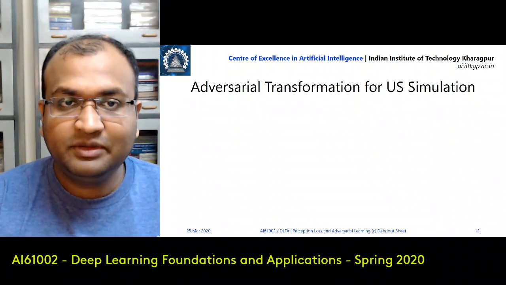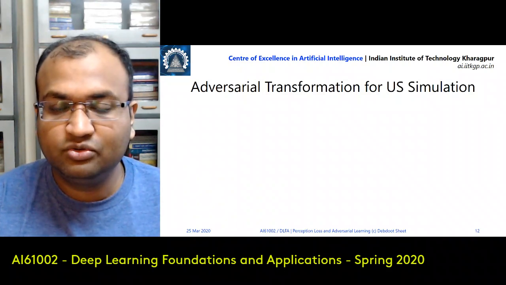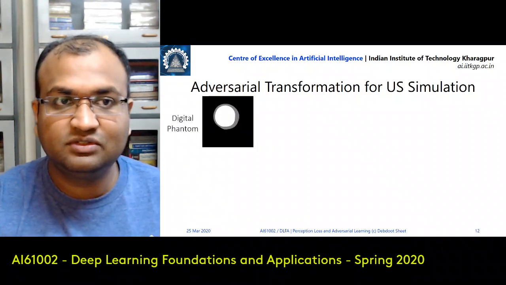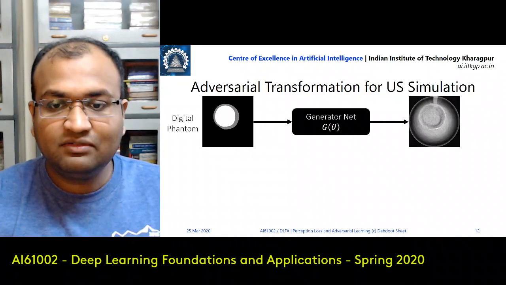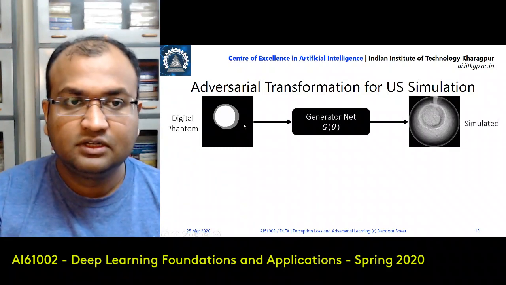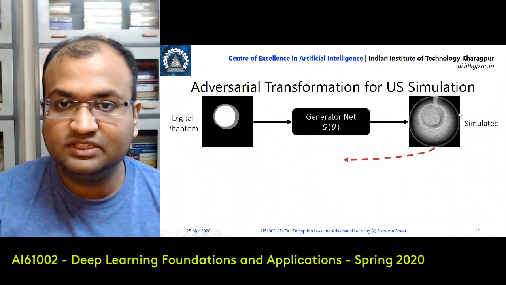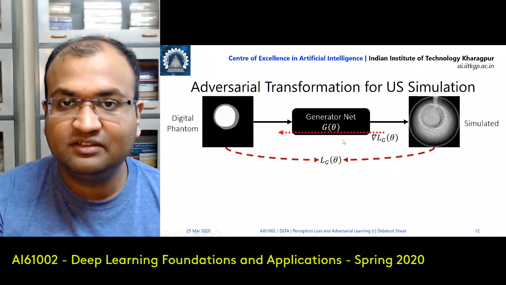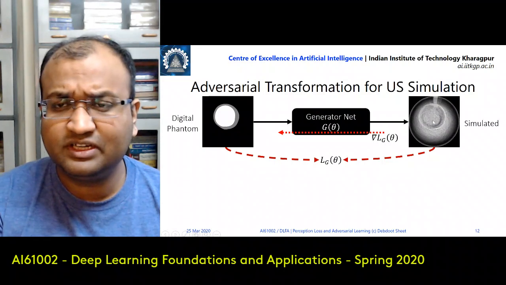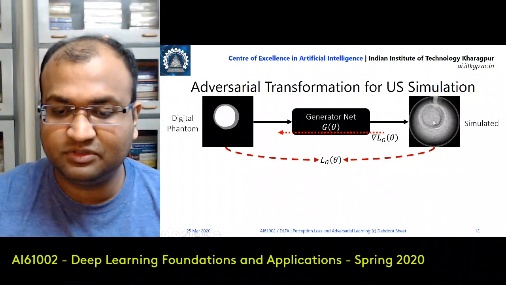But coming to this, what we wanted to do for this adversarial transformation was something like this: you have this phantom, you generate some sort of a model through the generator, and now you try to minimize the mean square error loss, so that there is minimum geometric distortion between them.